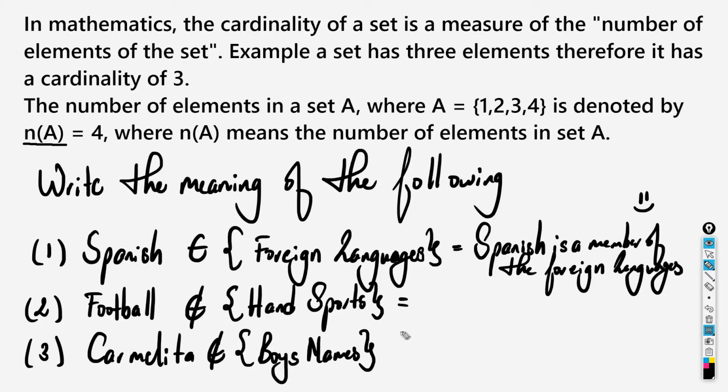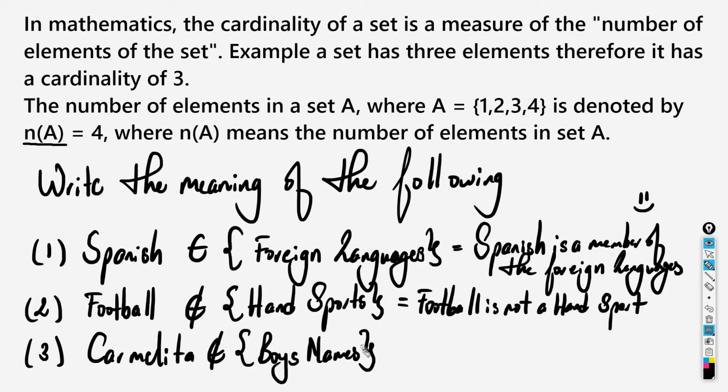The second one says football is not a member of hand sports, which is true. Football, meaning soccer, not American football, regular football that we play in Jamaica, is not a hand sport. So it's saying football is not a hand sport.